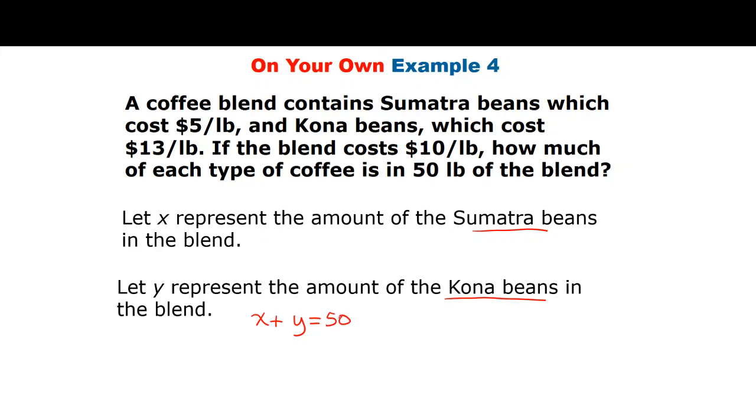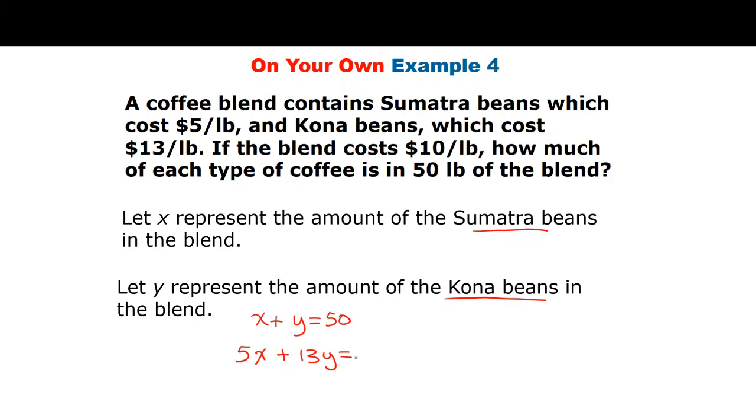All right. The second equation is the cost. So we're going to say 5 times the x, which is the Sumatra beans, plus, and the Kona beans are $13 a pound, 13y.